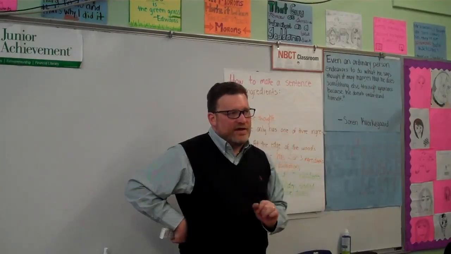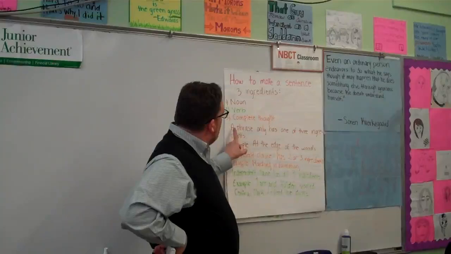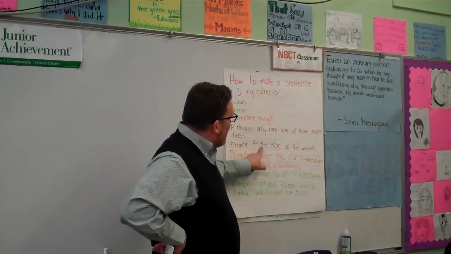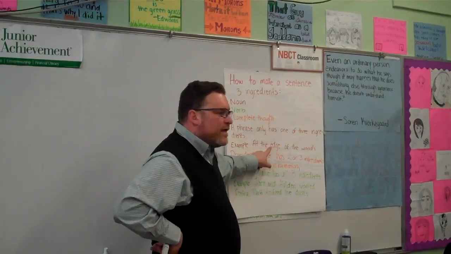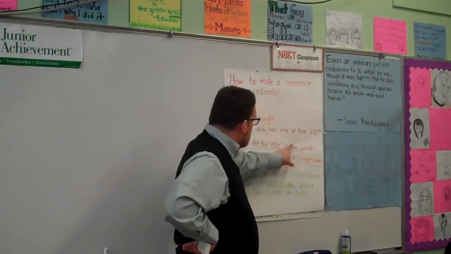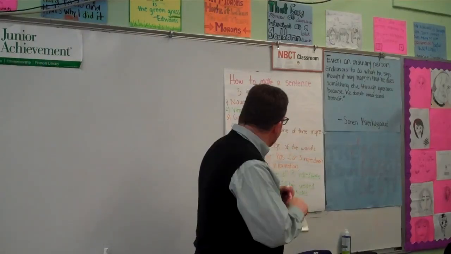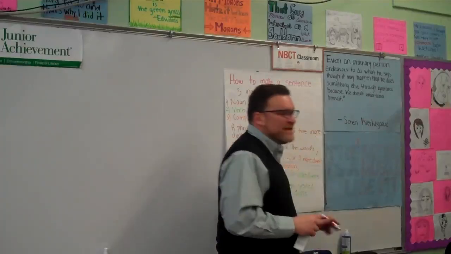If I'm in the world of phrases, I only have one of three ingredients. At the edge of the woods. The only ingredient I have is the noun. There's no verb here. There's no complete thought. Therefore, I have to put a comma, and then I complete my sentence.